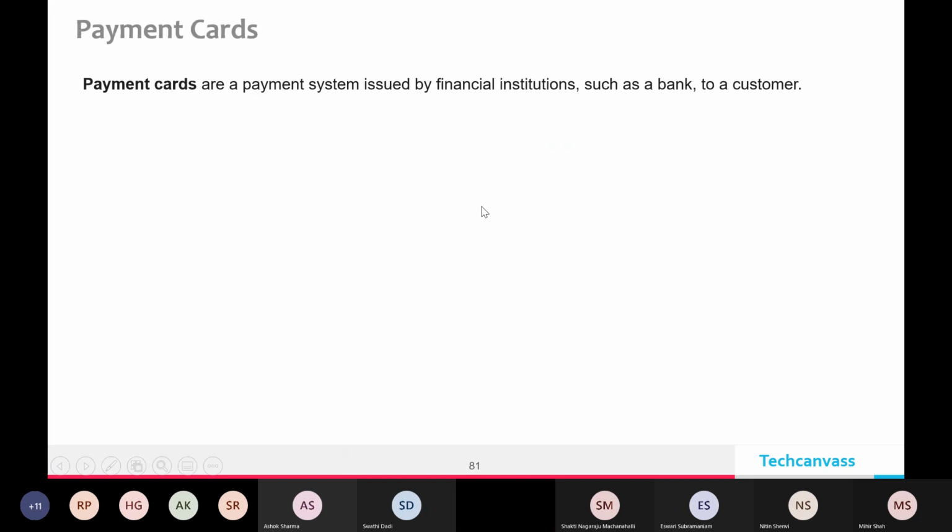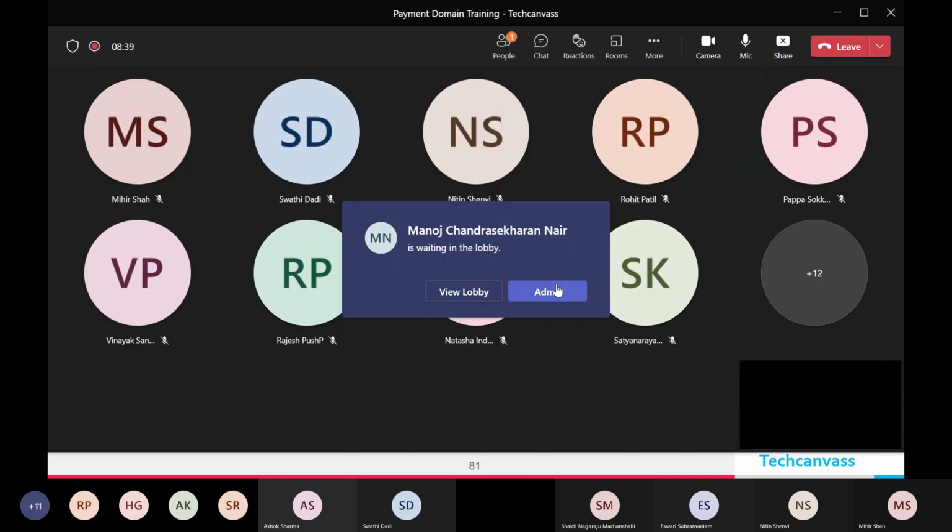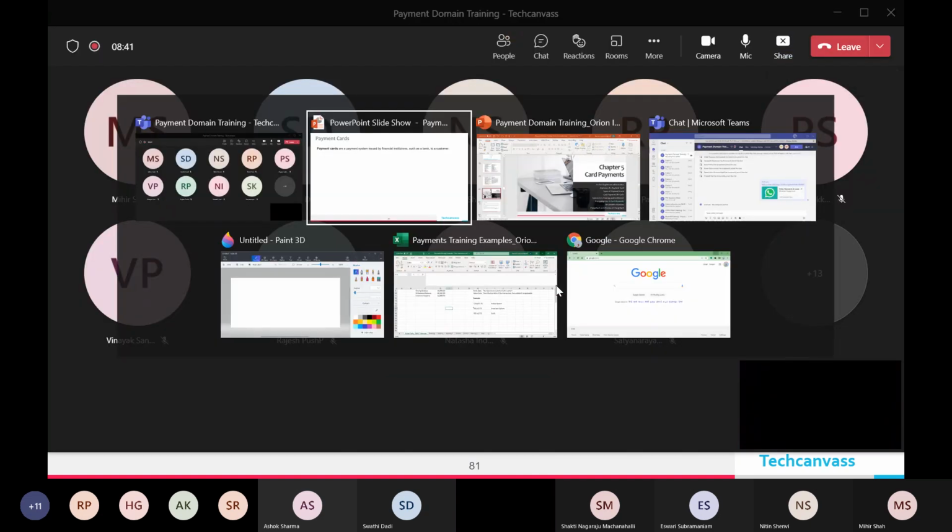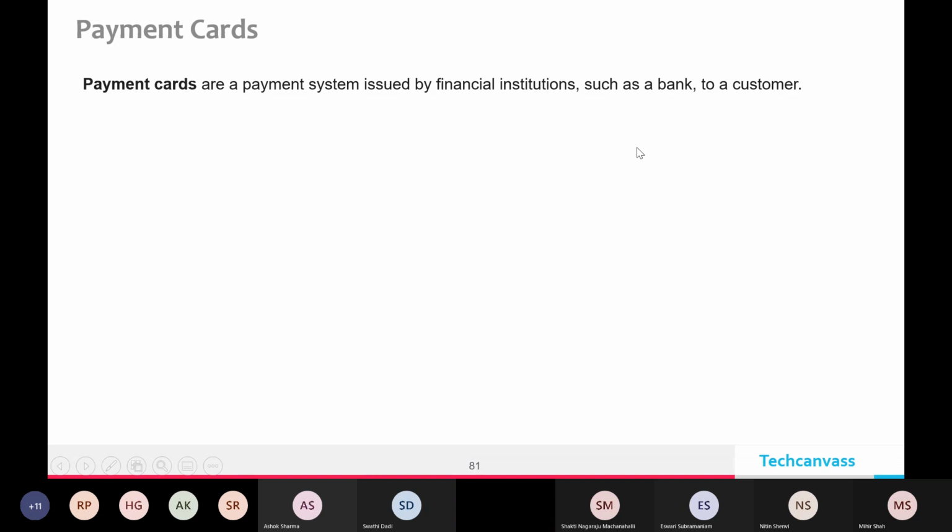So a payment card is a payment system issued by financial institutions such as banks to a customer.